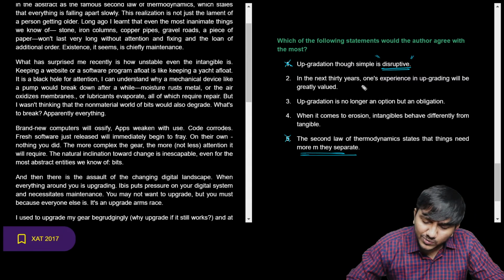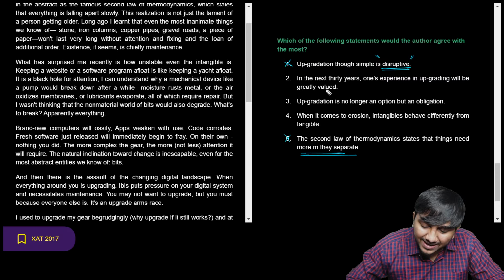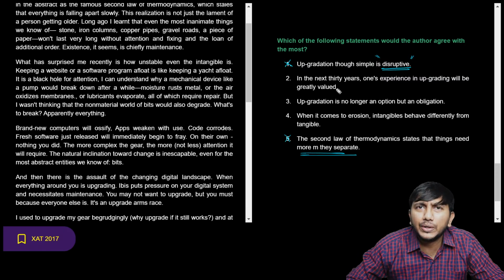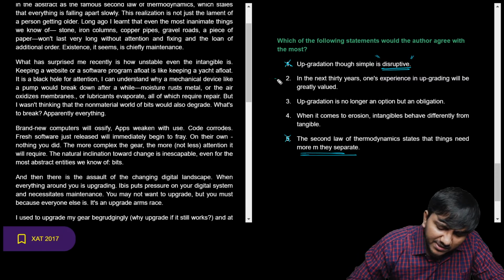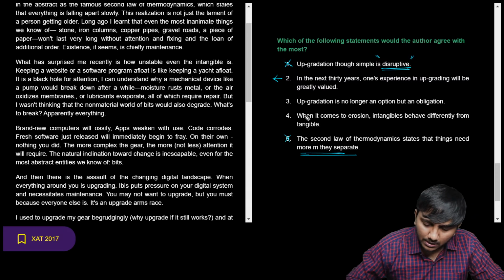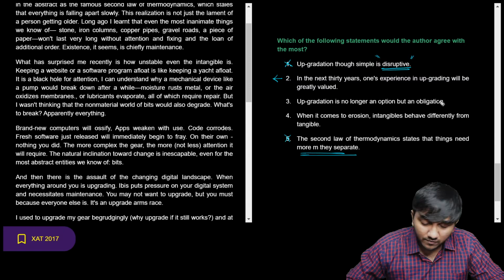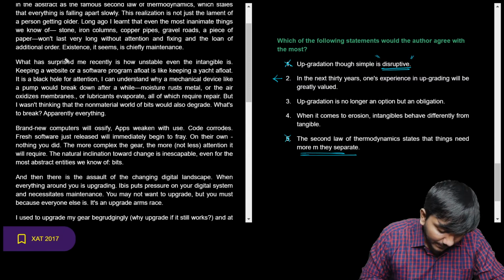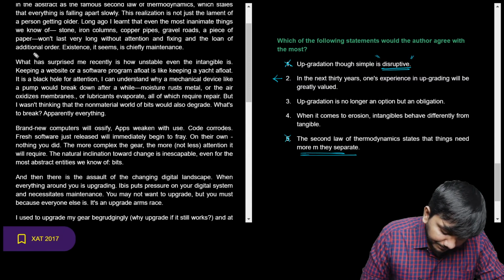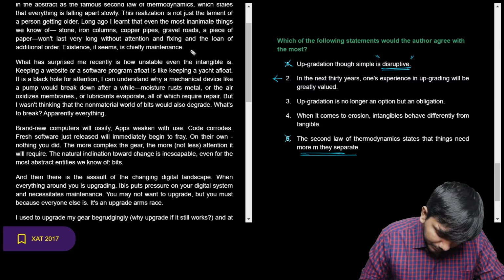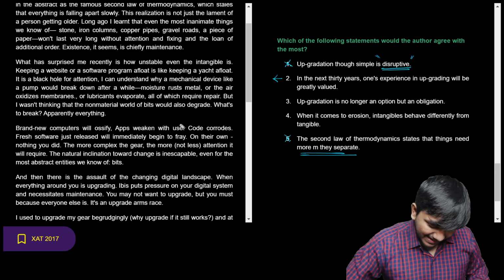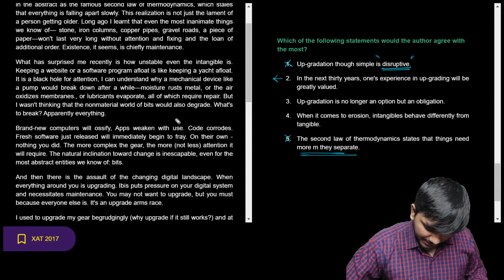In the next 30 years, one's experience in upgrading will be greatly valued. Okay, I'll keep this aside. There's a reason why we'll come back to that. Upgradation is no longer an option but an obligation. Looks very much like what he said because it's given somewhere here. He was telling that he begrudgingly used to upgrade, right?